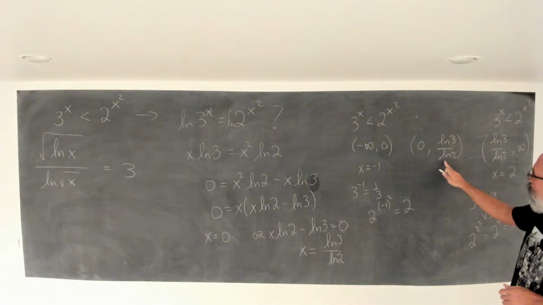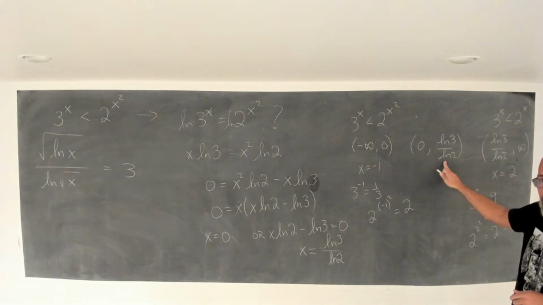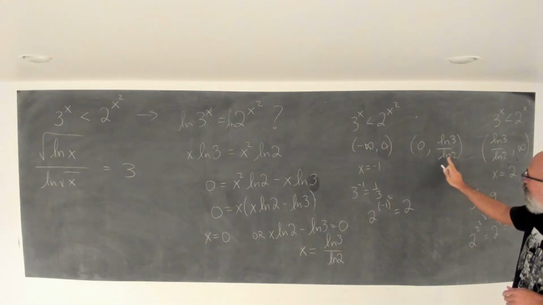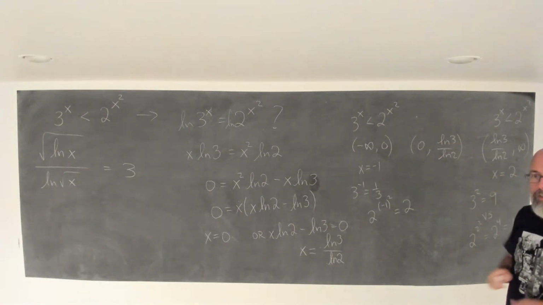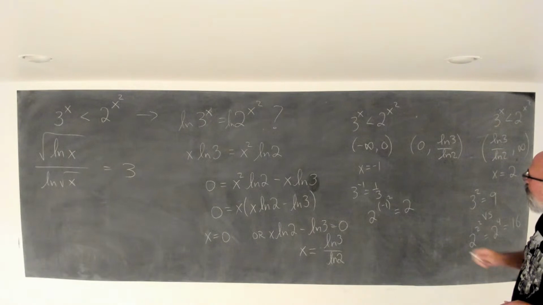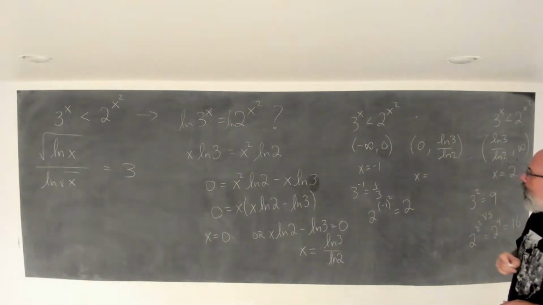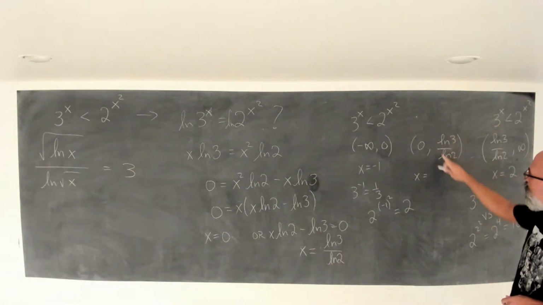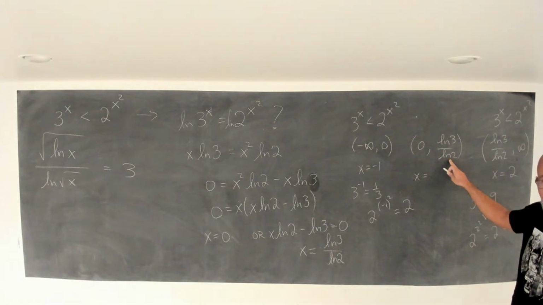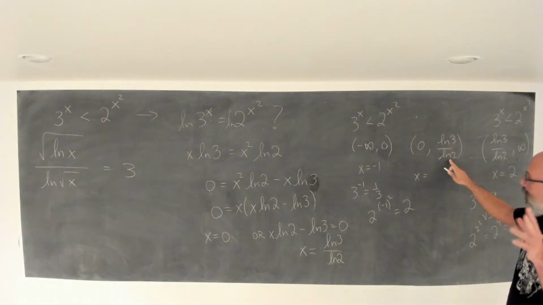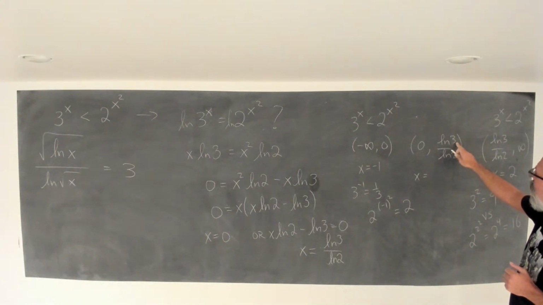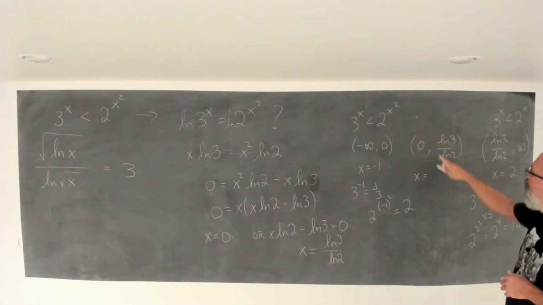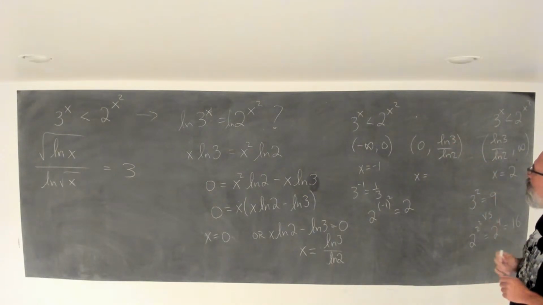Well, if you give this a bit of thought, what's a number that is less than this one, but still bigger than 0? And I'm going to suggest, even though I don't know what this actually is without the use of a calculator, well, 1, it's probably, right? Because ln of 3 is bigger than ln of 2. Very nice, very nice. So 1 immediately.